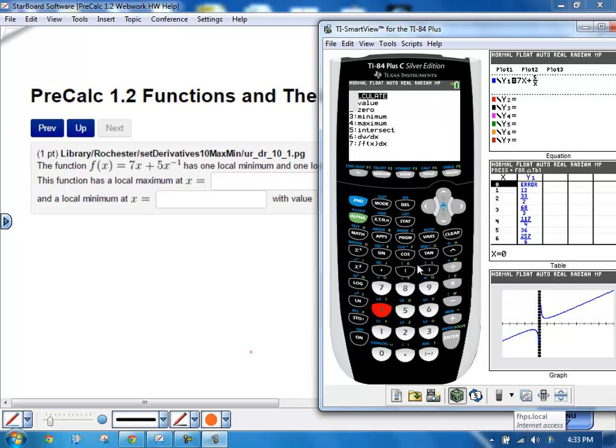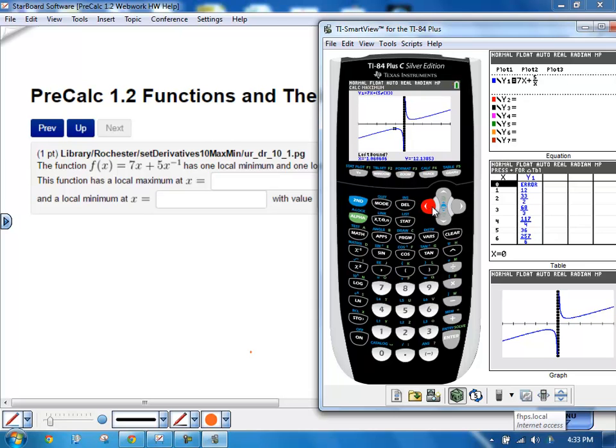It's second calculate maximum for the maximum, and scroll to the left of the maximum, hit enter. Scroll to the right of it, hit enter. Enter for the third time, and it guesses the point in between that has the highest y value, which in this case is negative 0.845, negative 11.83. So enter that as an ordered pair, and do the same thing for the minimum over here.